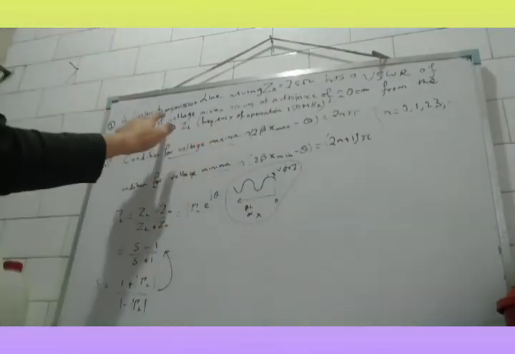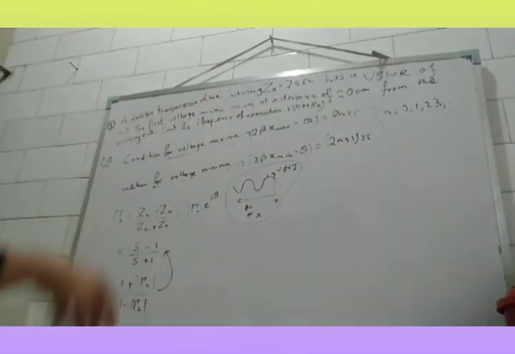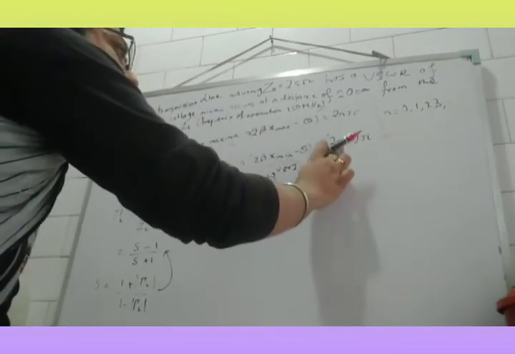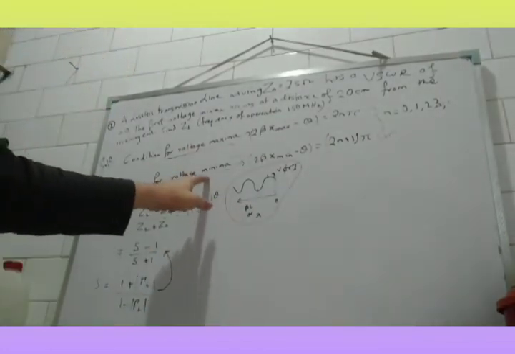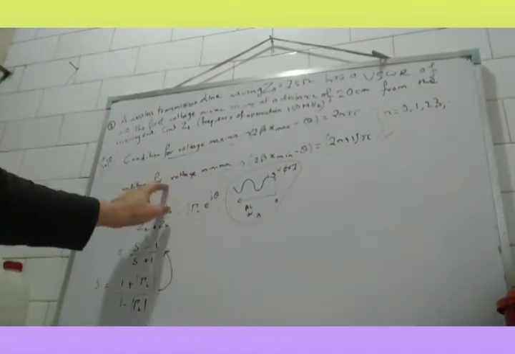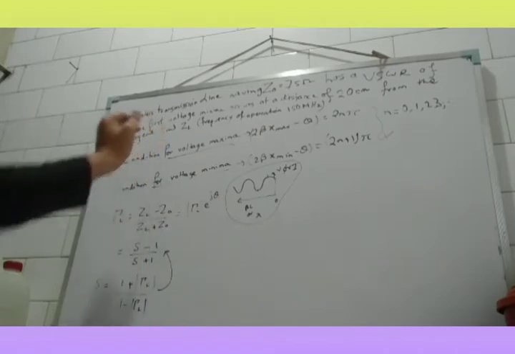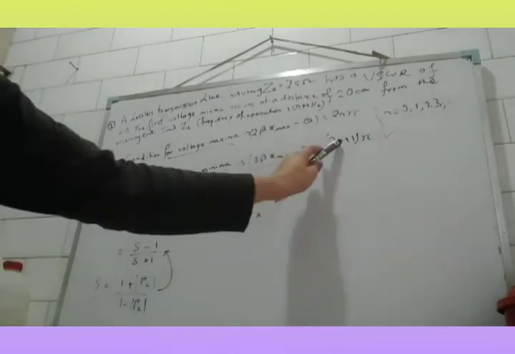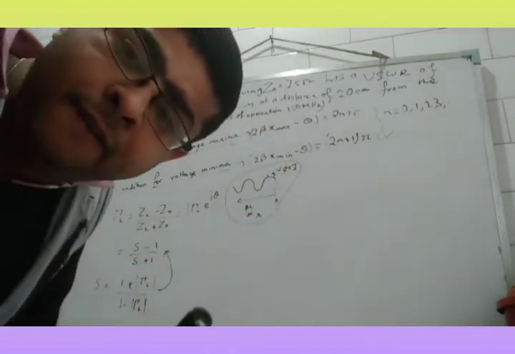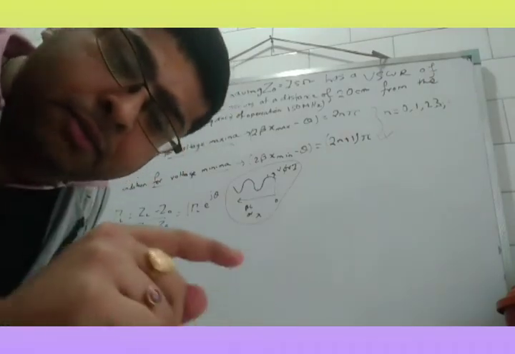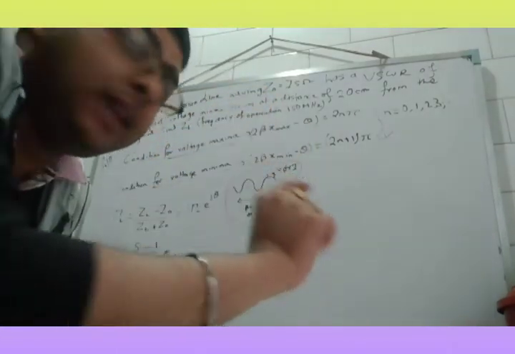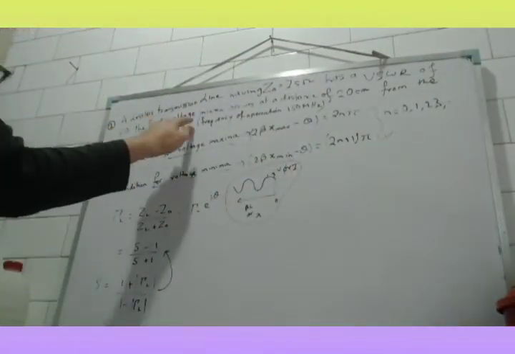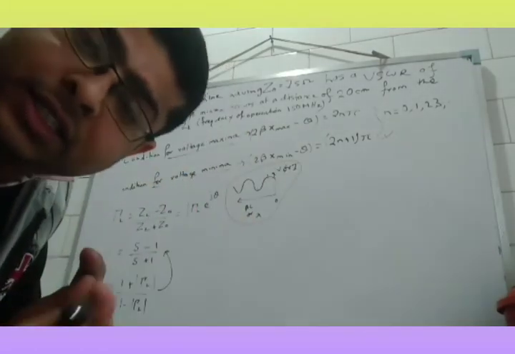So here you see the first voltage minima. For the first voltage minima we need to concentrate on the second condition, because it has the voltage minima condition. What does first mean? It means the first value of small n.